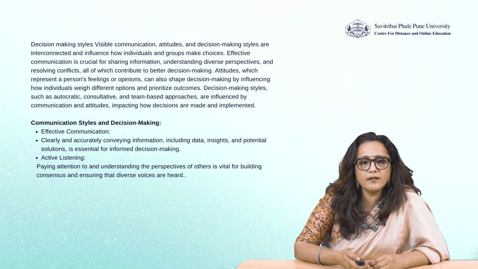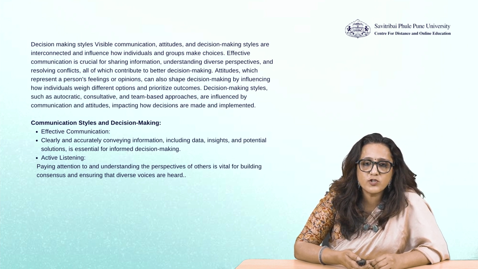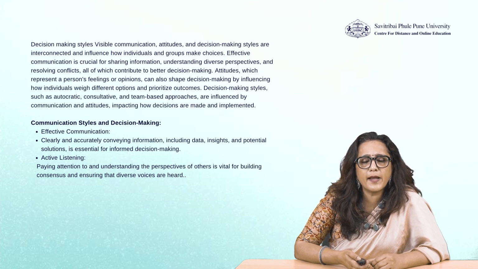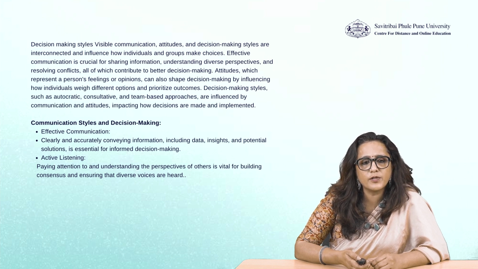Decision making style, visible communication and attitude are interconnected, and that's how both individuals and groups or teams make choices. Attitude, which represents a person's feeling or opinion, can also shape decision making by influencing how different individuals weigh options and prioritize outcomes.